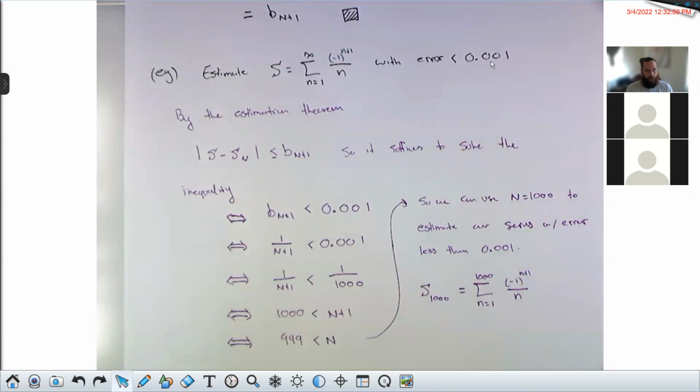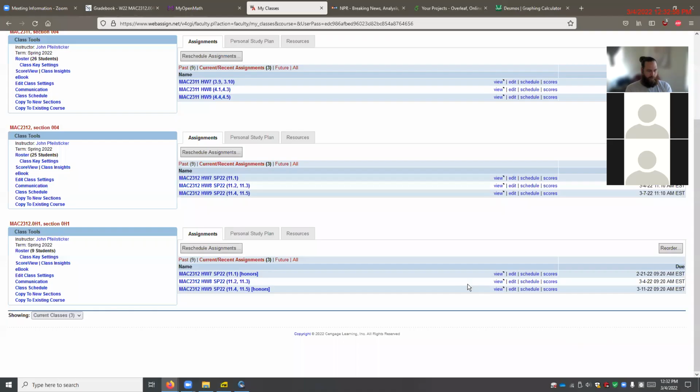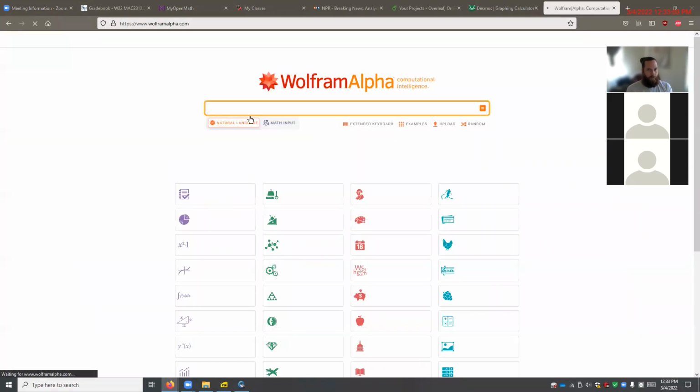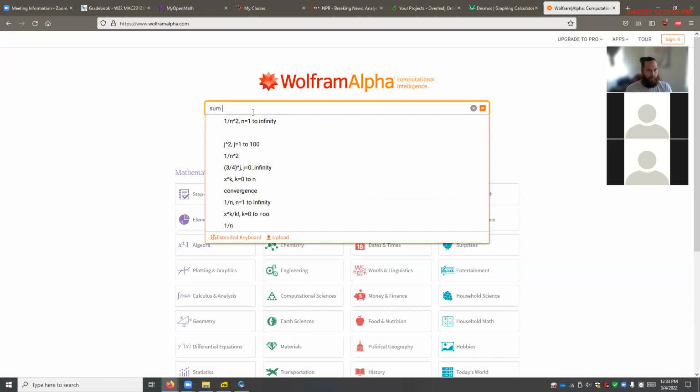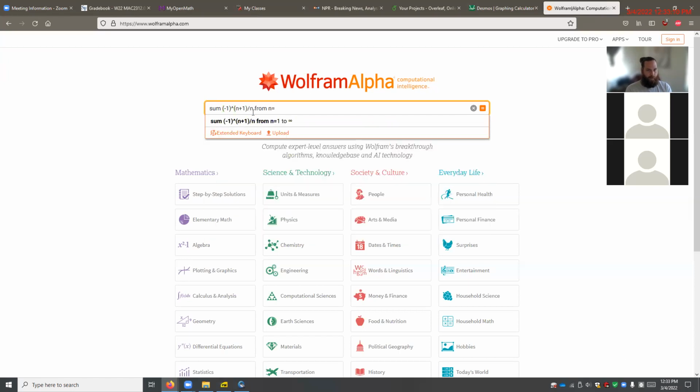This would take me quite a while to add up by hand. This is 1 minus 1/2 plus 1/3 minus 1/4 plus 1/5, all the way out to 1 over 1,000. I'm lazy. I'm not doing that by hand. That's too many terms. But I can tell Wolfram to sum -1 to the n plus 1 divided by n from n equals 1 to n equals 1,000.